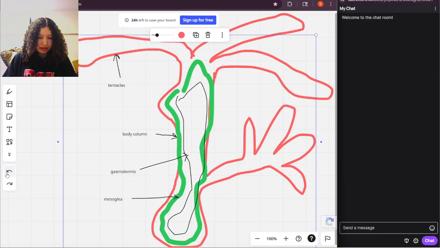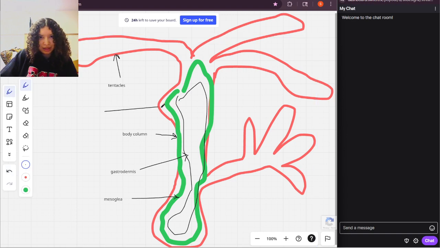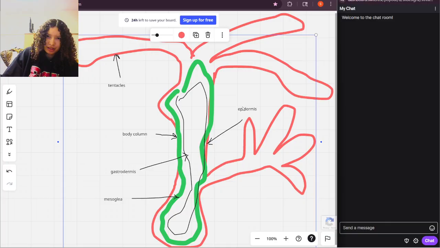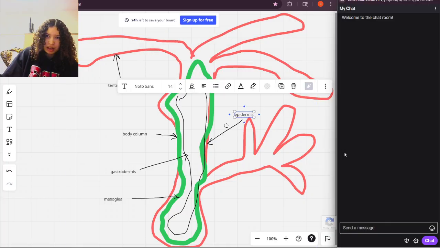It is mesoglea, right? Yes. And then the outer layer, which is this red layer, is just gonna be the. Wait, no, not that, that is a different thing. This orange layer, pretend it actually is in the front. Epidermis. Think epi, external. Okay, epidermis.